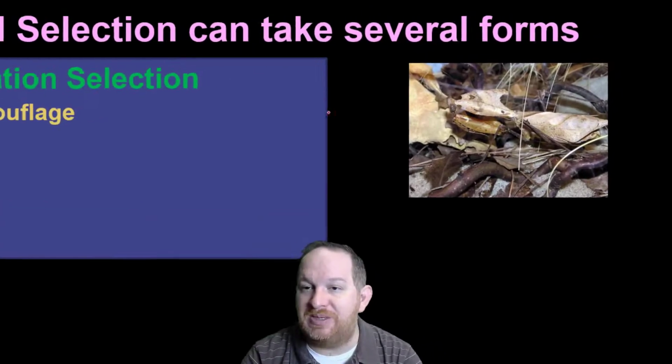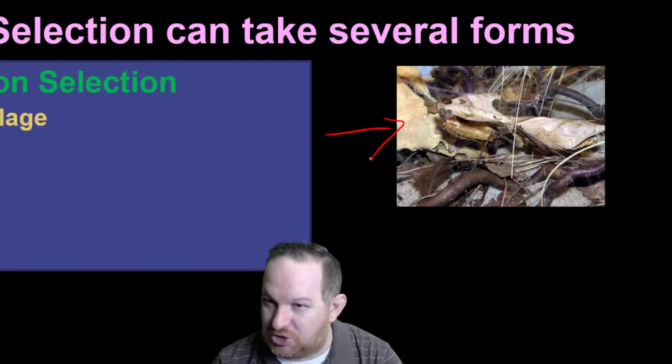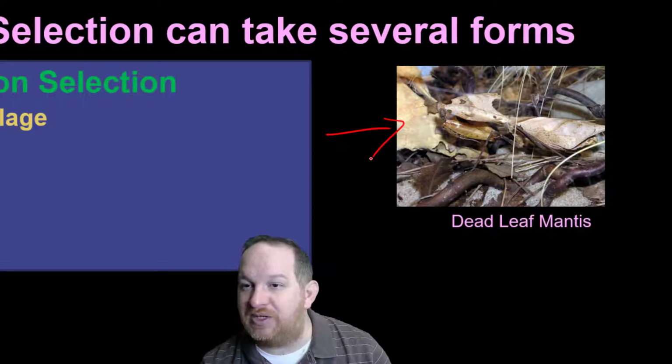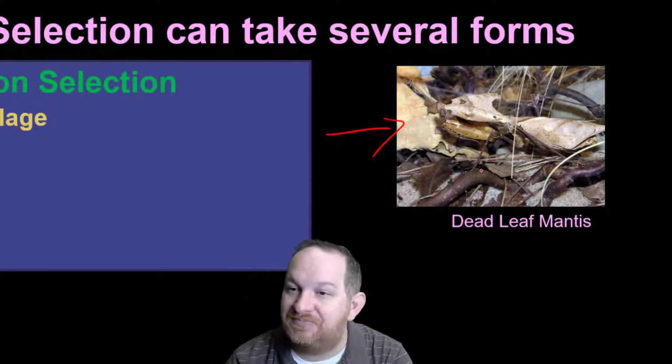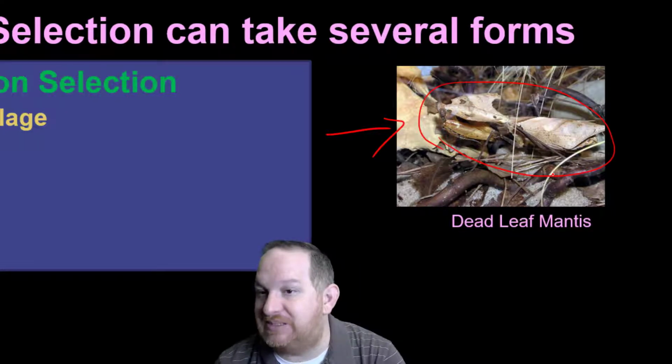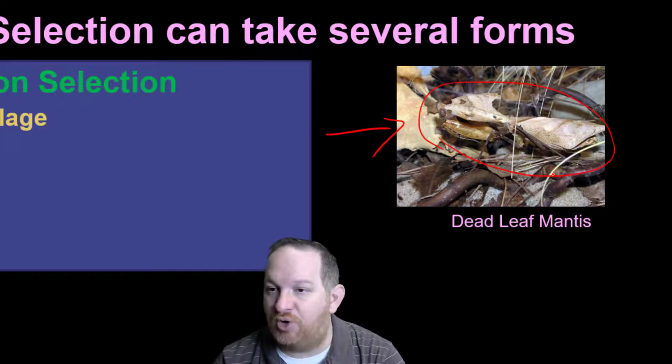If we look at this particular picture, you're like, okay, there are some twigs and some leaves. Would you believe that there's actually an animal there, a dead leaf mantis? Right there, you can see the legs. That's a dead leaf mantis. It looks like a dead leaf. It was named appropriately.